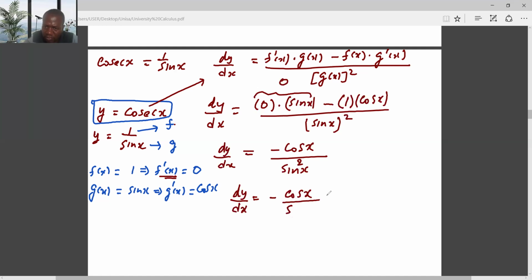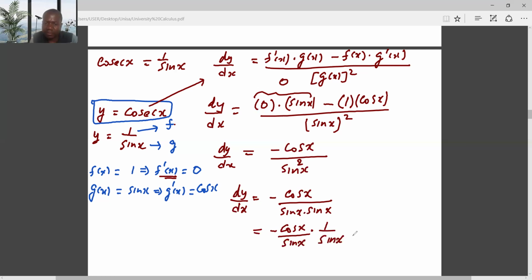Look at what I'm going to do here. Times 1 over. Okay, let me just do this, not to confuse everyone. I can just divide there by sine x times sine x, which is actually the same as negative cos x over sine x times 1 over sine x.